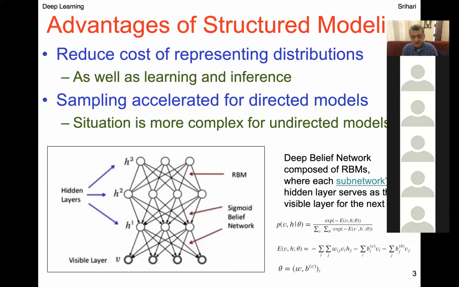The number of variables here and the number of values they can take, the number of samples you need, and so on. That's all being represented by this latent variable model. Like in this deep network here, we have the visible layer, then the hidden layer, hidden layer, hidden layer, and so on. All of these are capturing the relationships between these variables. The correlation between variables is being captured.